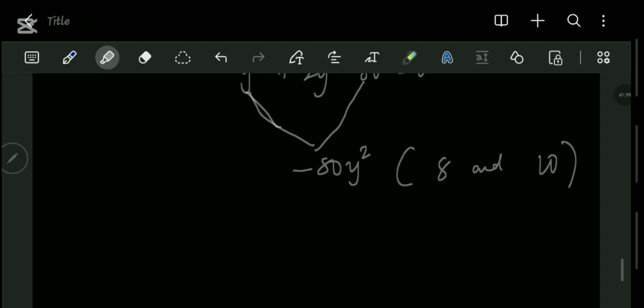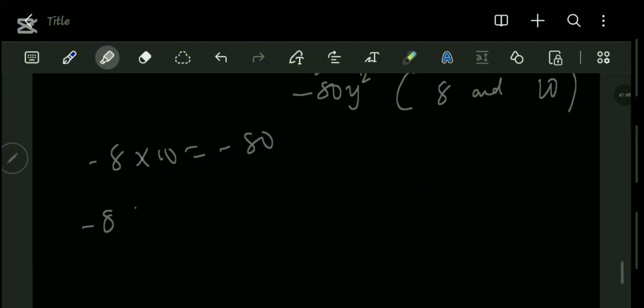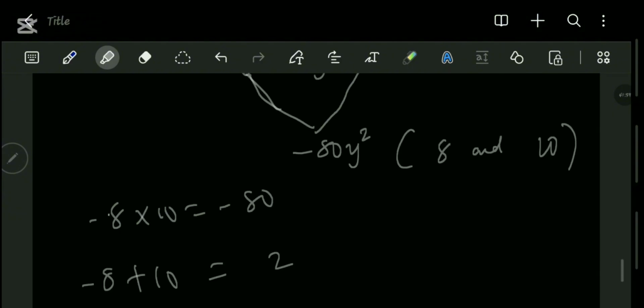So if I have minus 8 times 10, that's minus 80. I want to have minus 8 plus 10, that's giving me 2. So I'm adding a negative in front of 8, because when I multiply with a negative in front of 8, I'm having minus 80 here, and when I add them, I'm having a plus 2. So I'm adding a negative in front of 8, just that.